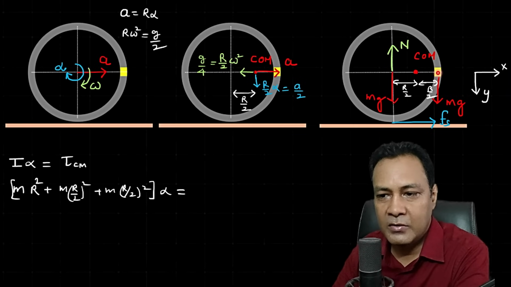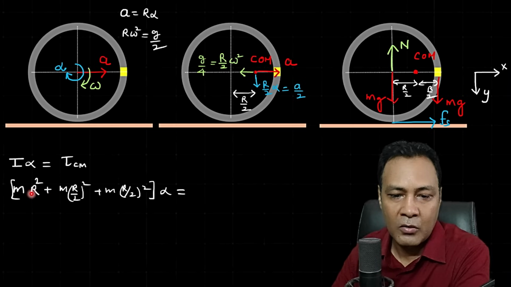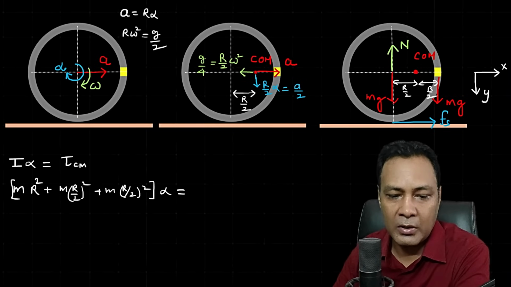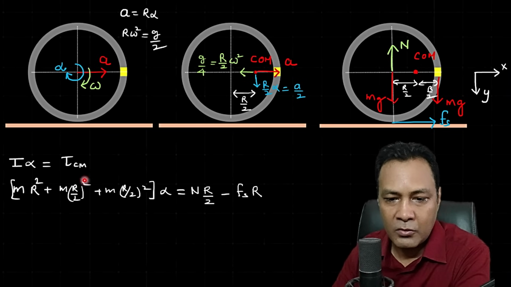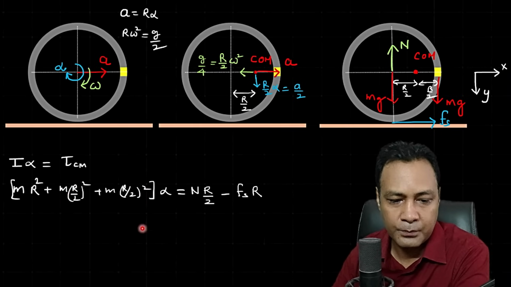And this body also has a moment of inertia about the center of mass, m(r/2)². So overall this is the moment of inertia. And the torque about the center of mass is N·(r/2) − Fs·r.